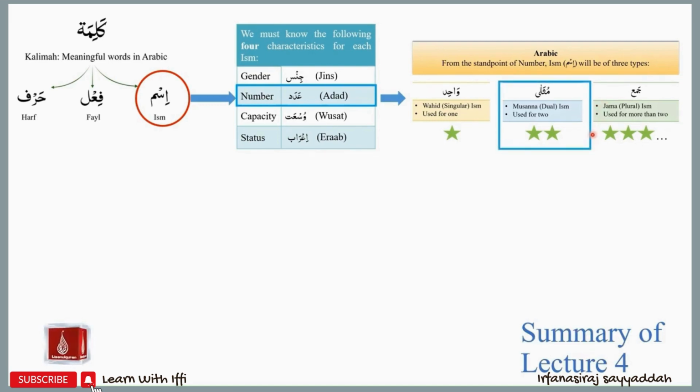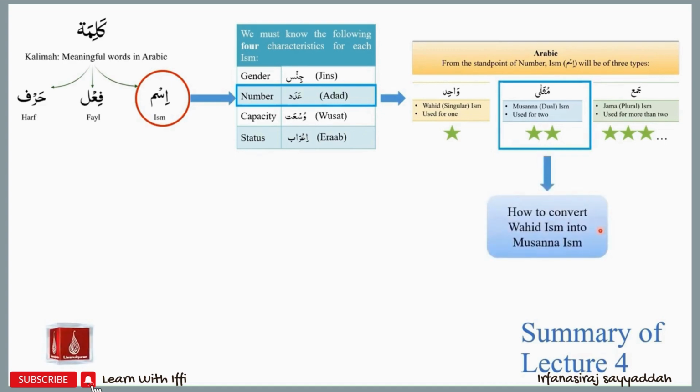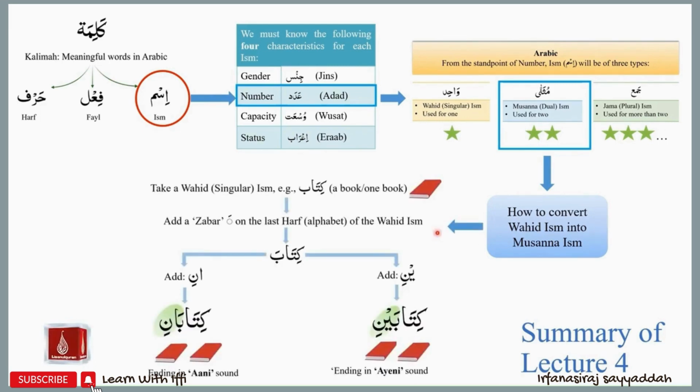We further studied musanna in detail, and we studied how to convert a singular ism into musanna or dual ism. For this, we learned a formula. The first step is that we take the singular ism, for example, kitab, and we add a zabar to the last harf. After adding zabar to the last harf, then we either add alif noon zair or ya noon zair to complete the word.